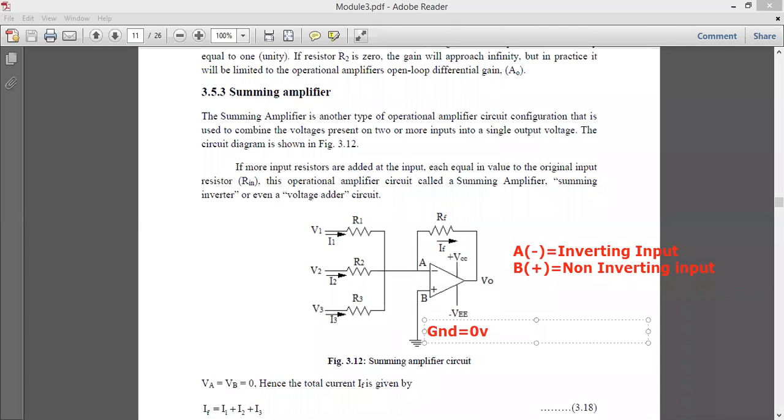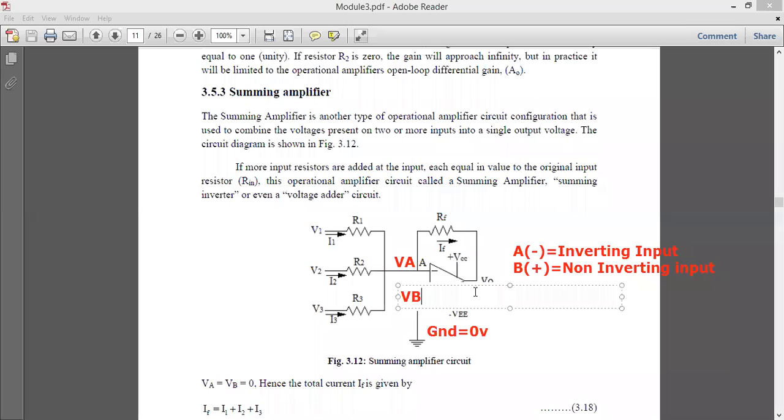We have one output voltage which is measured at the output terminal of the op-amp, represented by V out. There is one feedback connected from V out to the A terminal, that is the inverting terminal. Let us represent the voltage at point A as VA, and the voltage at point B is represented by VB.